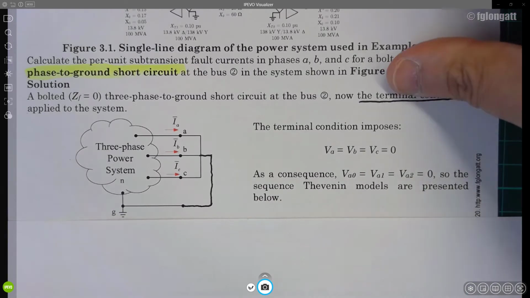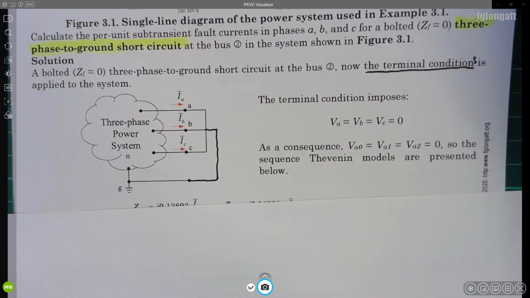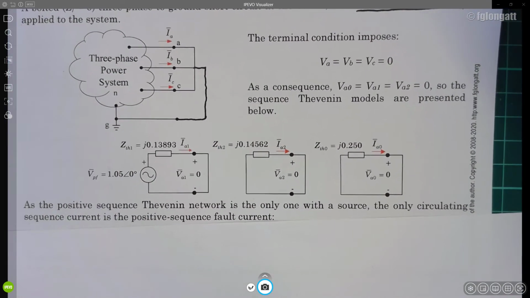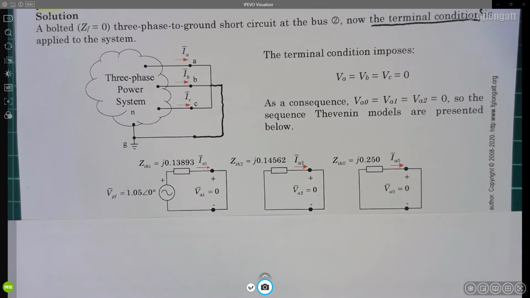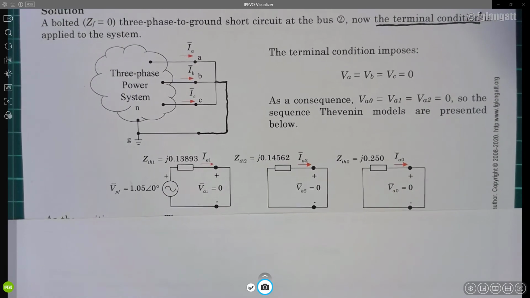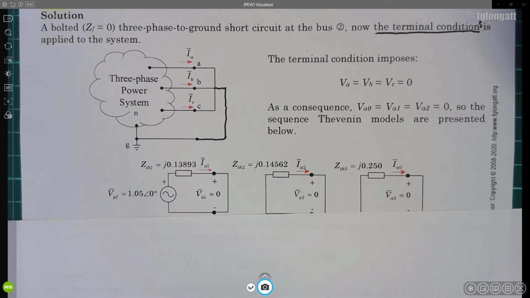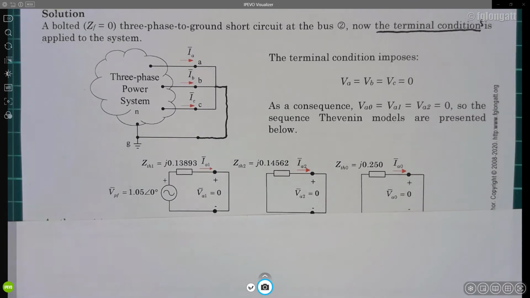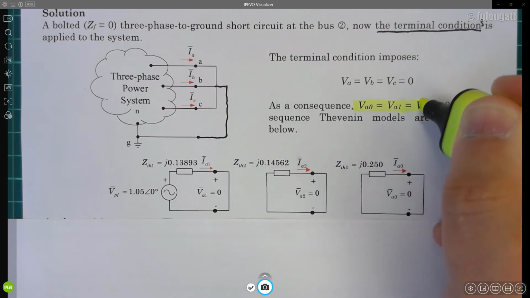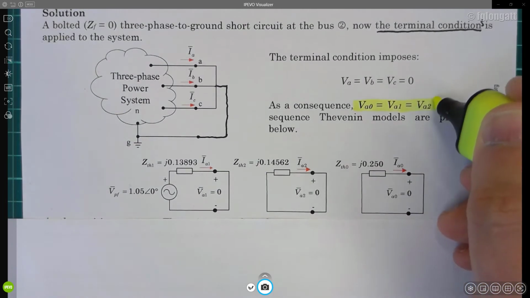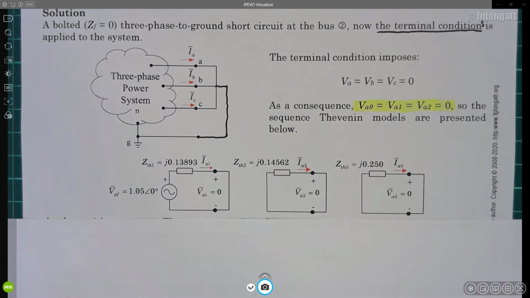And the next job for you is, okay, now we know the terminal conditions. What we need to do is, let's use the Thevenin models. We calculated the Thevenin models in sample 3.1. And what I am doing now is, terminal conditions impose that the voltage in each sequence network must be zero.